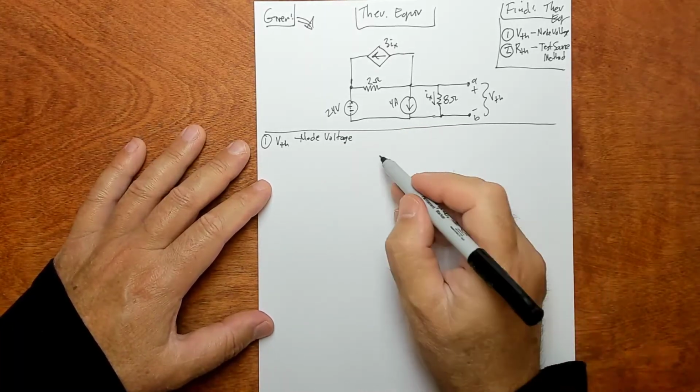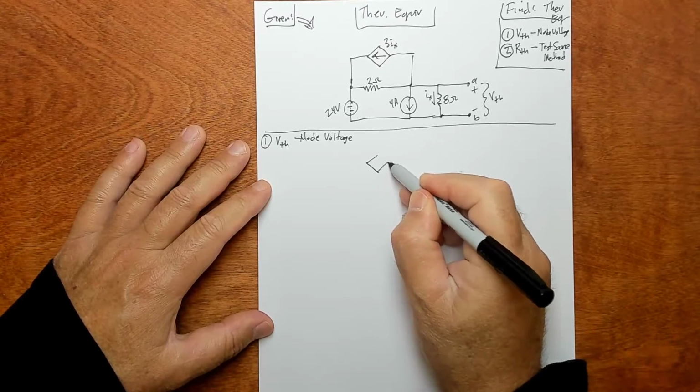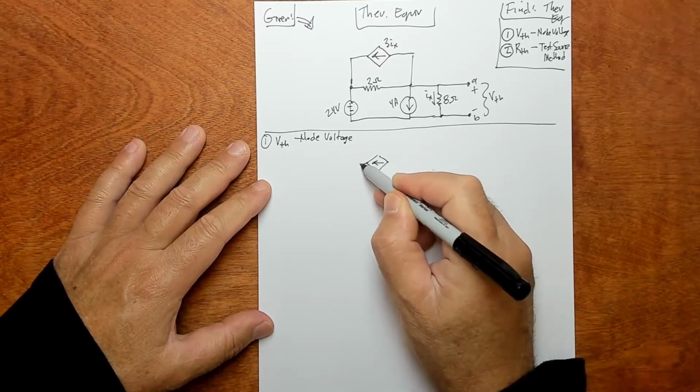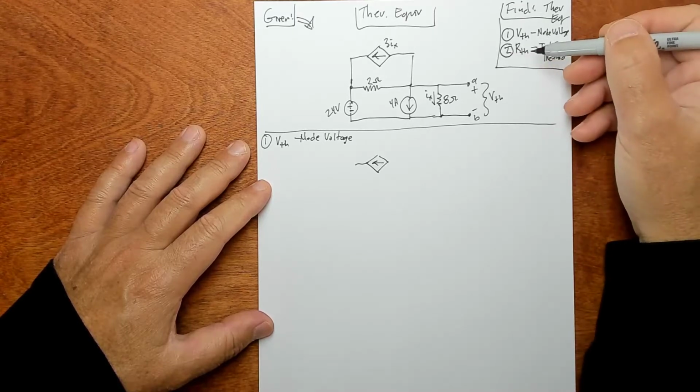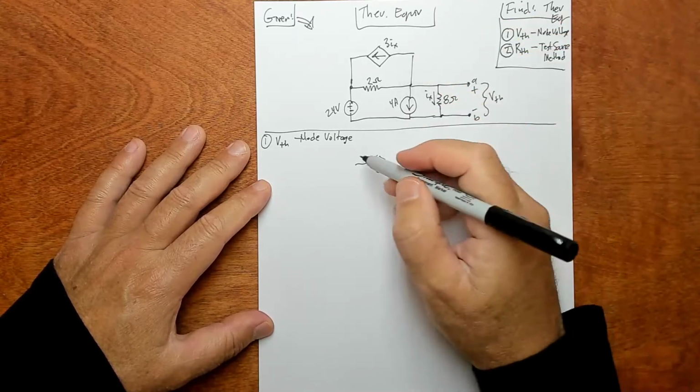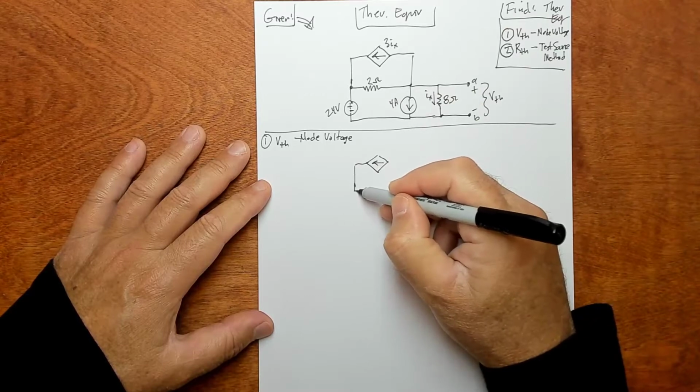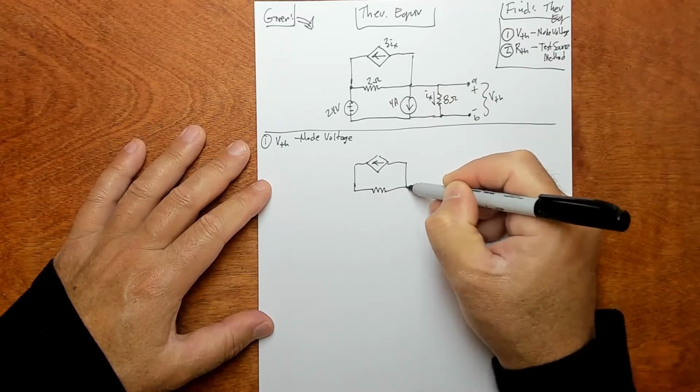So I'm going to go ahead and redraw the circuit here, for node voltage, just because for process 2 for our Thevenin, you want to start over with the original circuit. So I don't want to mess up the original circuit by drawing all over it.